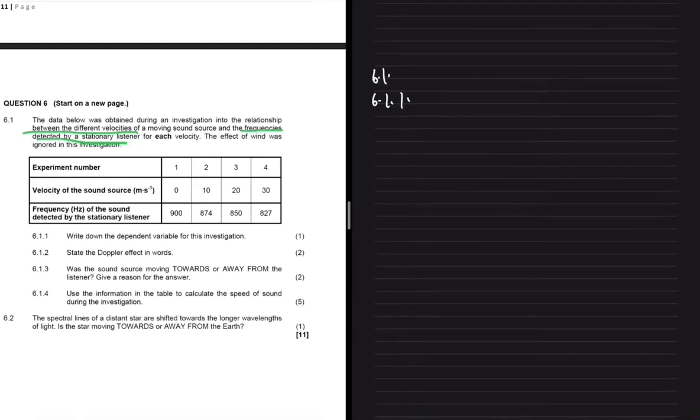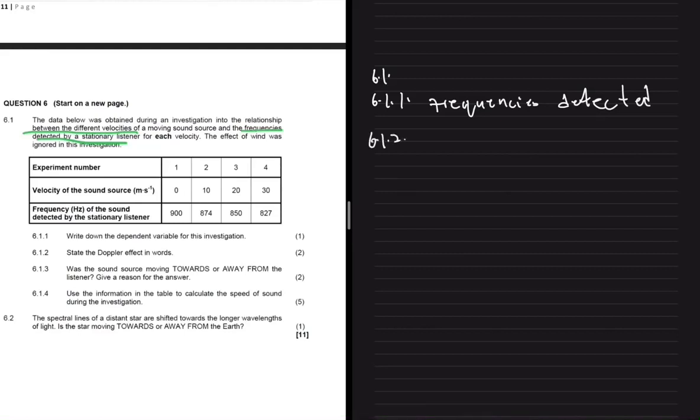So the dependent variable is the frequencies, and then the independent is what we are switching around, which is the velocity, right? So dependent variable is the frequencies detected. If it was looking for the independent variable, it would be the velocities of the sound source.